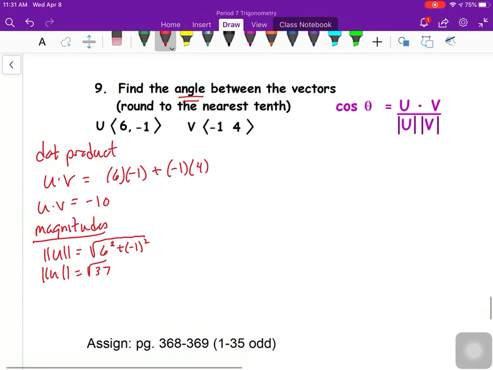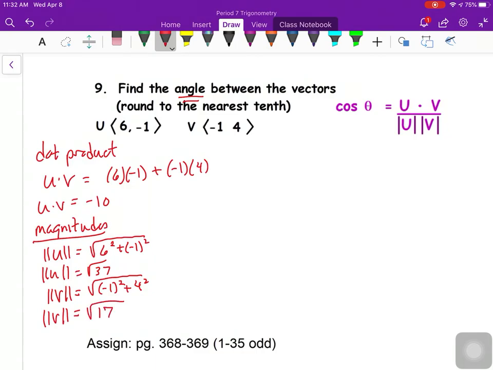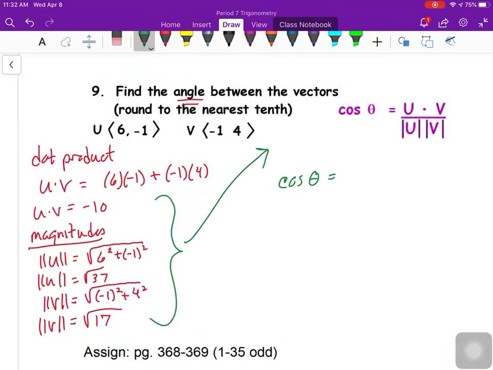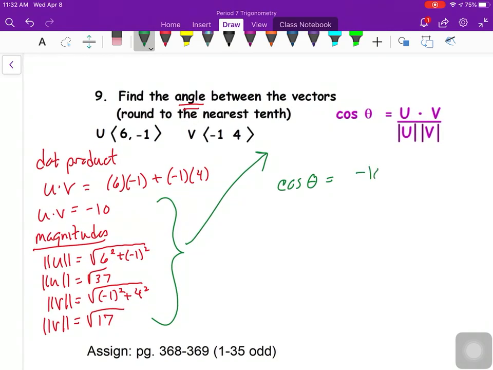So the magnitude of u, the square root of 6 squared plus negative 1 squared. Magnitude of u comes out to be square root of 37. Magnitude of v, square root of negative 1 squared plus 4 squared. Magnitude of v, square root of 17.